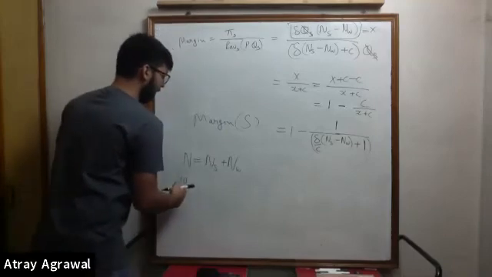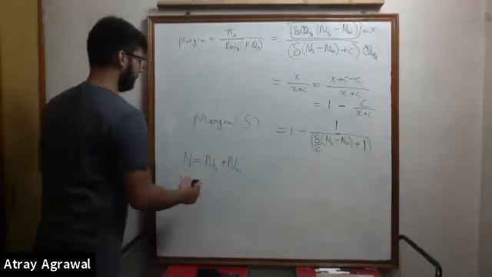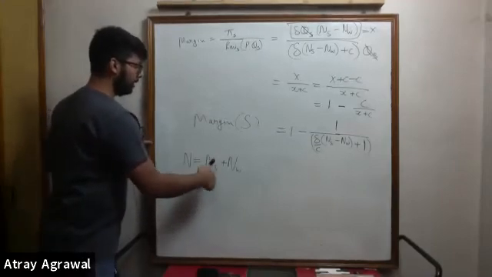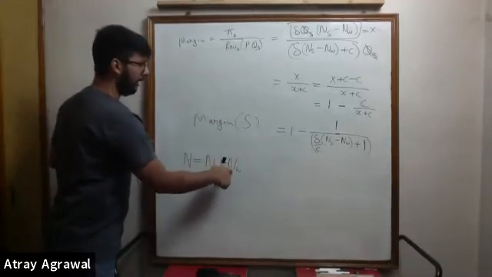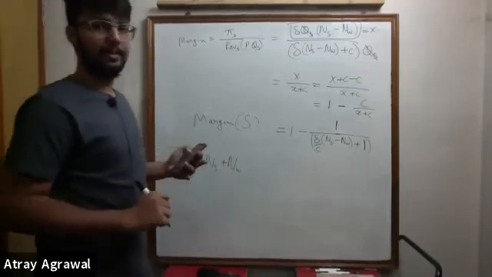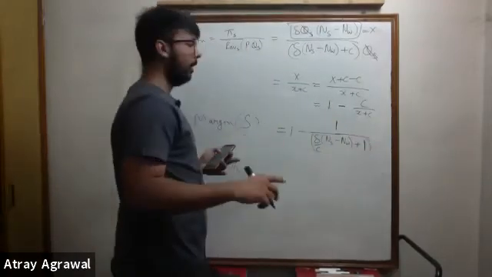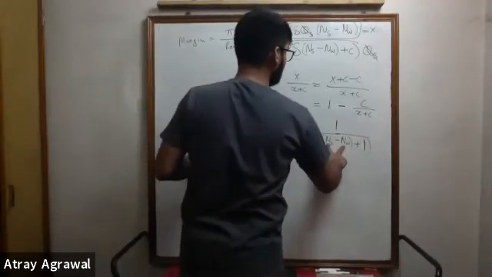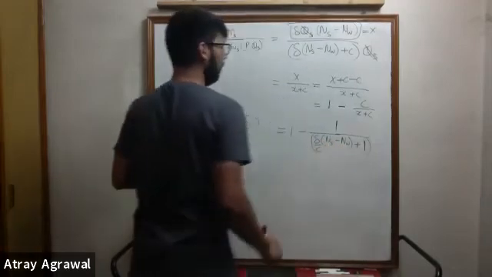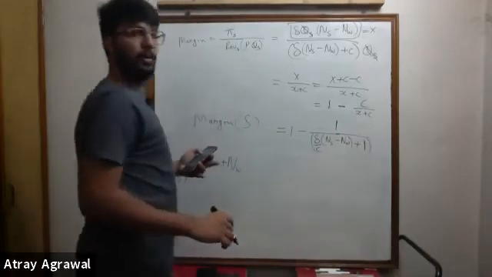Then we can take NS as 9, and NW is left with only 1, which means NS minus NW becomes 8. 8 into the industry economics plus 1.